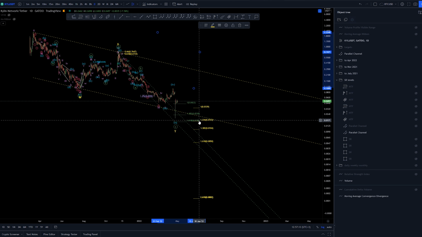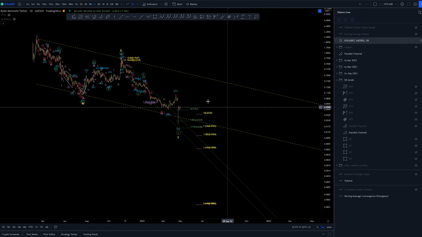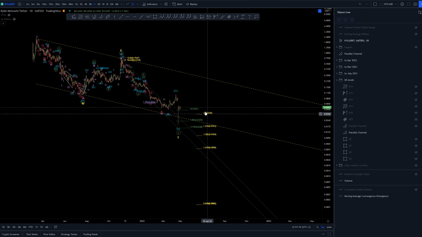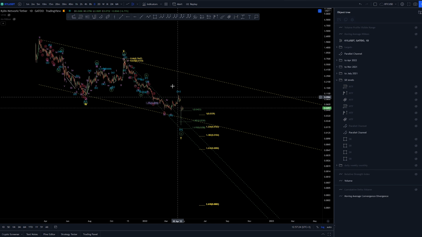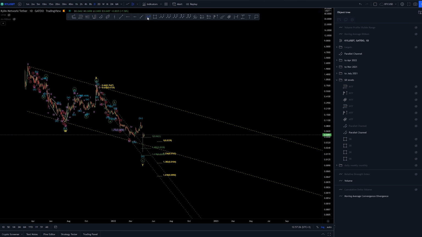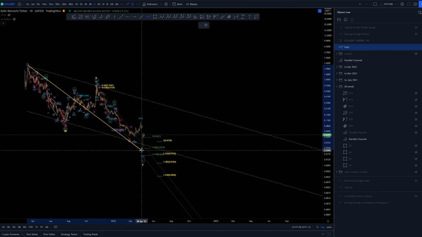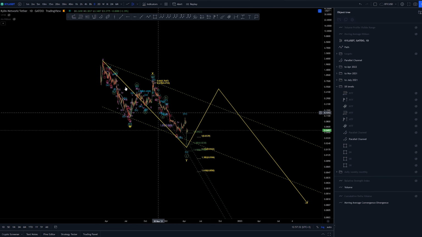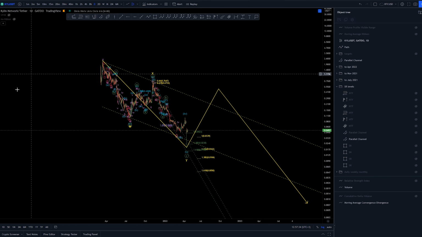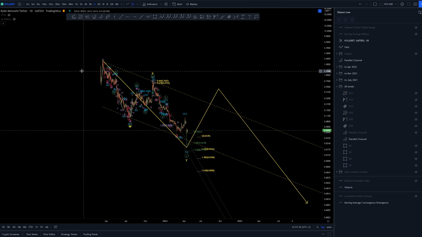Yeah, well, we've gone above the one-to-one, almost to 1.236 as a target, but this structure could be just part of a larger correction as well, saying that if we ended even here, this could be something like this. We just don't know because we don't have structure or history back here.